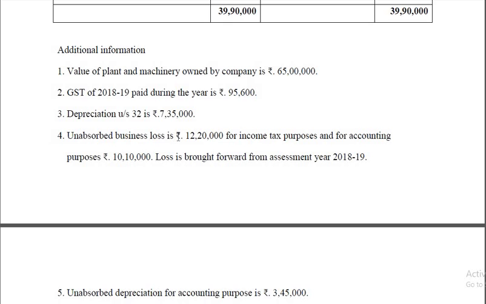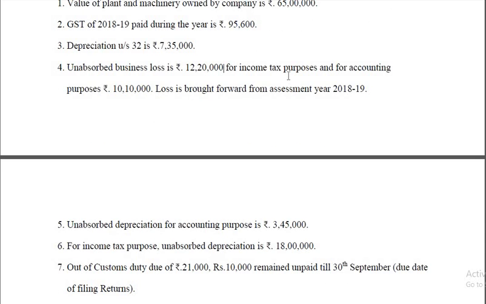Then unabsorbed business loss is 12,20,000 for income tax purposes, and for accounting purposes 10,10,000. Loss brought forward from assessment year 2018-19. Unabsorbed depreciation for accounting purposes is 3,45,000, and for income tax purposes unabsorbed depreciation is 18 lakh.